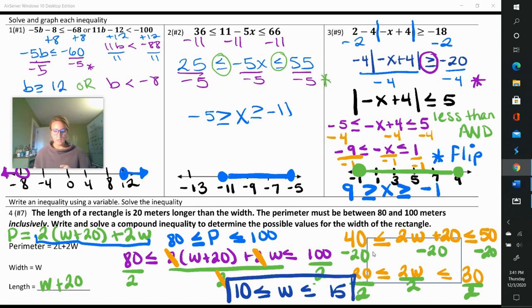So the widths can be anywhere between 10 meters and 15 meters inclusively. That's it for the quiz review Jamboard practice assignment on 2-5 and 2-6 solving compound inequalities and absolute value inequalities.